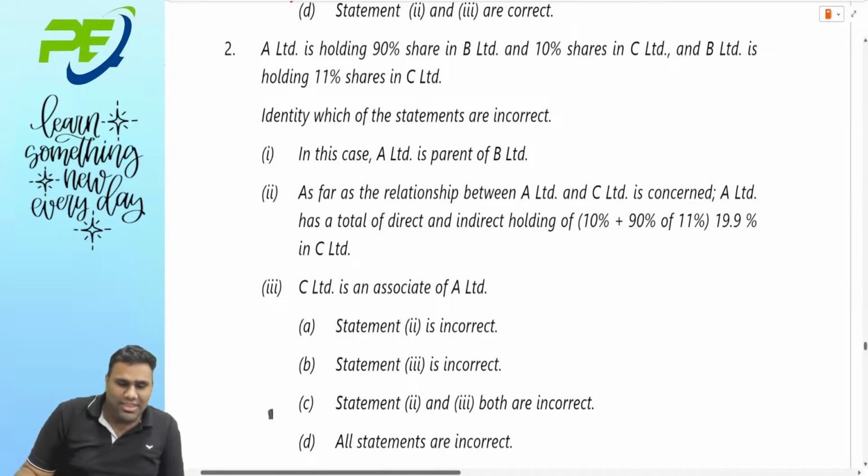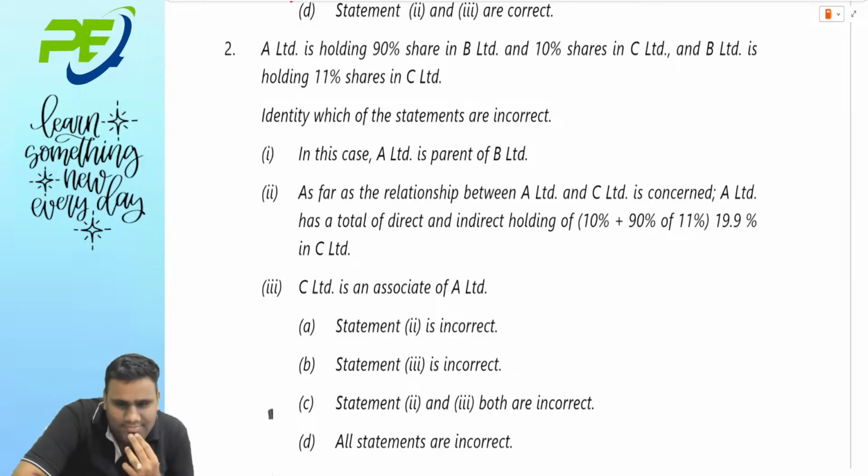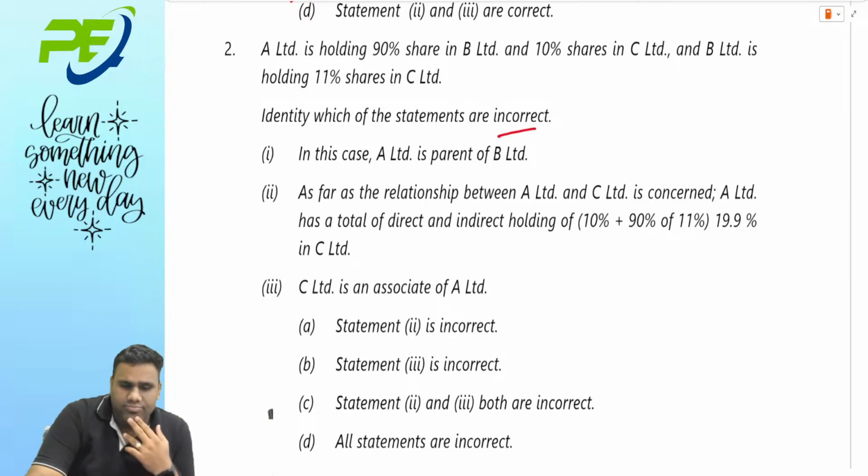Which of the statements are incorrect? It is incorrect. Is C Limited an associate, everyone? Yes. Then this statement is correct. So these two options are eliminated.